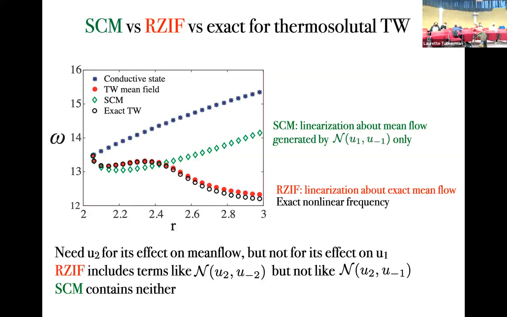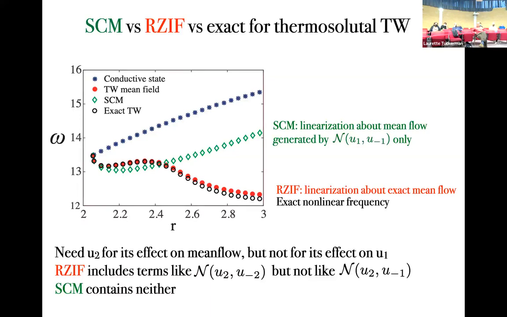Remember that what you did for the RZIF is you neglected the U2. But apparently, terms like U2 and U1, we neglected because that was part of N1. 2 minus 1 is 1, so that was N1.